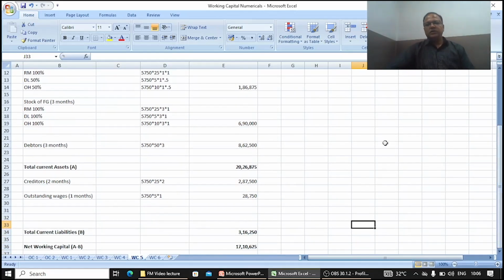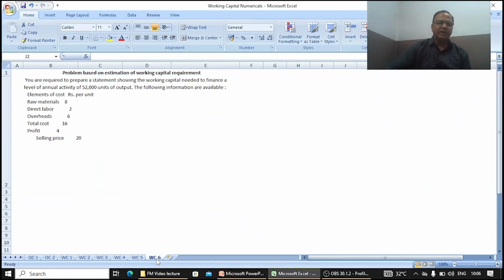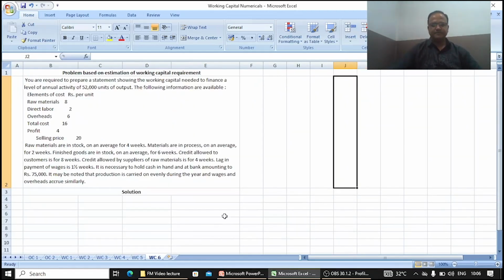Now, this is the last problem in this chapter. After completion of this problem, these numericals will be complete. In this problem, you are required to prepare a statement showing the working capital needed to finance a level of annual activity of 52,000 units of output.